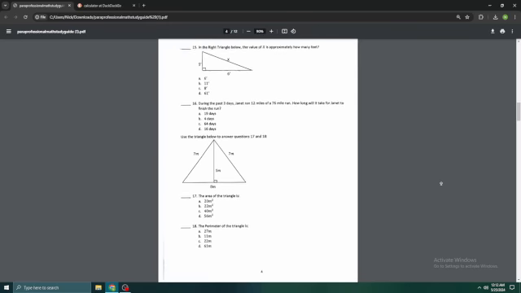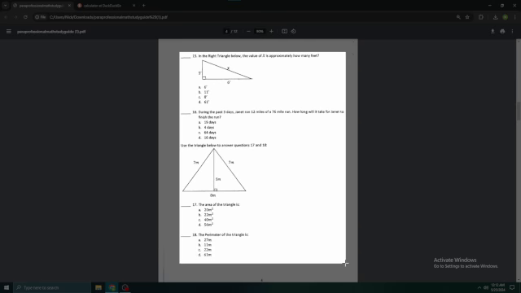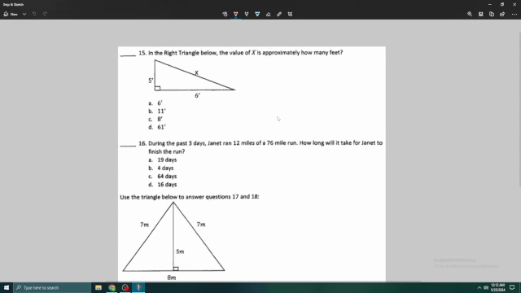Okay. In the right triangle below, the value of x is approximately how many feet? Okay, so we're going to use the Pythagorean theorem for this one: a squared plus b squared equals c squared, where a and b are legs of the right triangle and c is the hypotenuse.